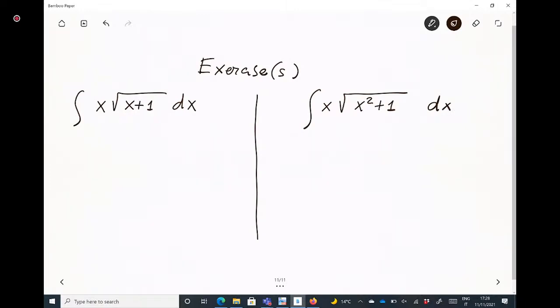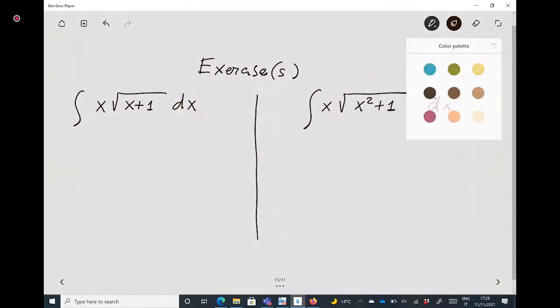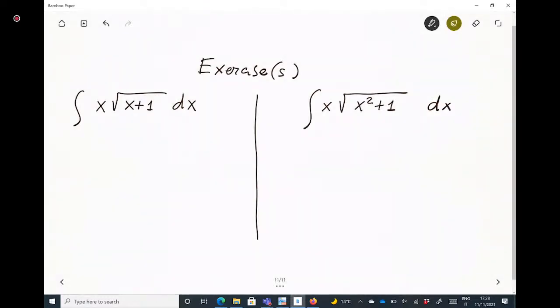They are the integrals of a product of two simple functions. Each of them has this structure, but the techniques to solve them are really different from one another. So here we exploit the technique of recognizing the derivative of a composite function.